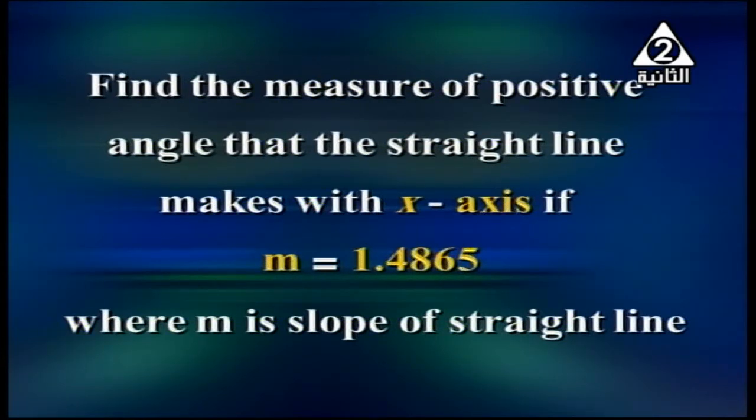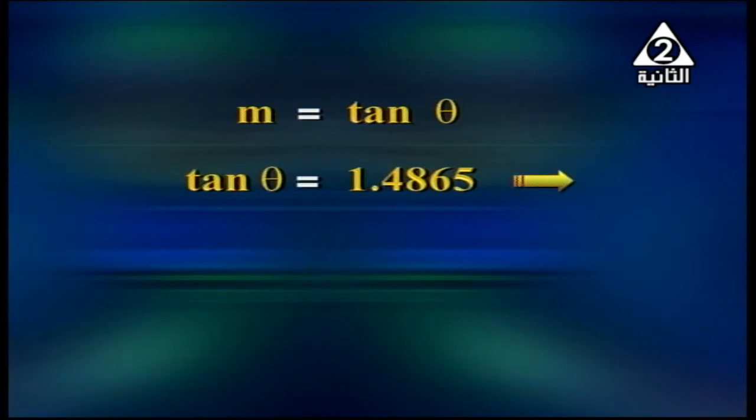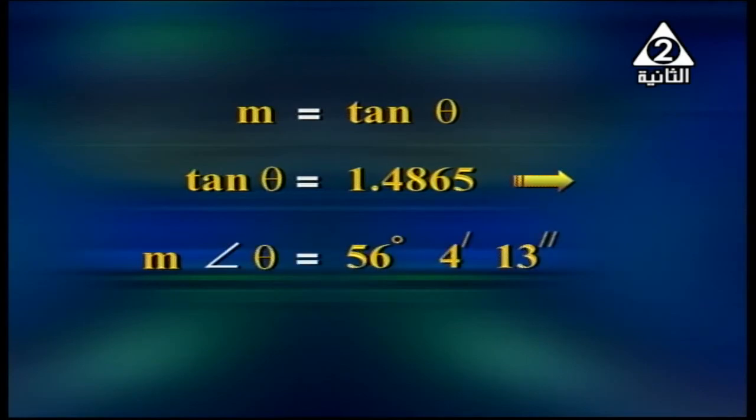So all of you know that m equals tan theta. So tan theta equals 1.4865. Can you now find the value of theta? Yes, by using your calculators, of course. How? Shift tan 1.4865. So measure angle theta will be 56 degrees, 4 minutes and 13 seconds.